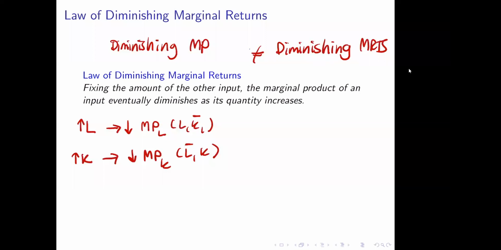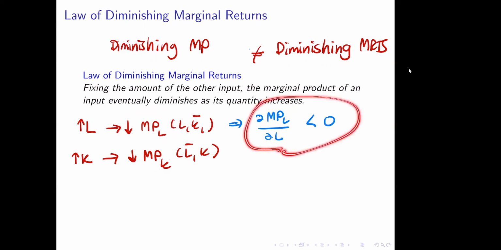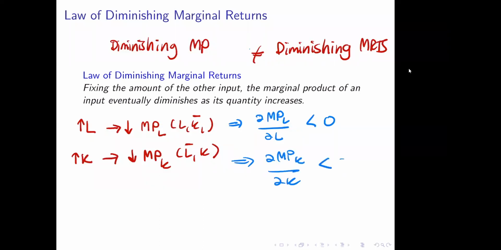This can be verified by taking the first order derivative of the marginal product of that particular input, and it has to be negative. When L increases, the change in marginal product has to decrease, so that has to be negative. Same here; both of them have to be negative.